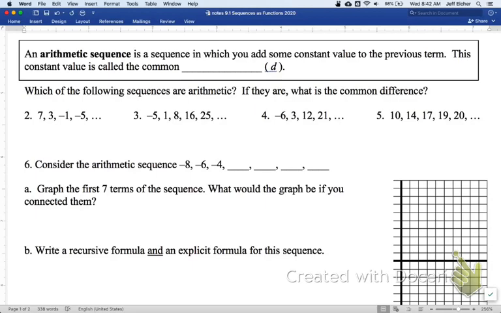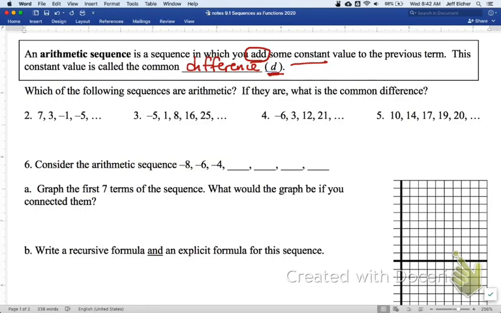So an arithmetic sequence is a sequence in which you add some constant value to each previous term. This constant value is called a common difference. And the letter that we use for a common difference is d for difference. So which of the following sequences are arithmetic? If they are arithmetic, what's the common difference? So let's see.